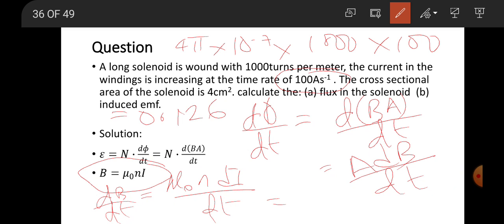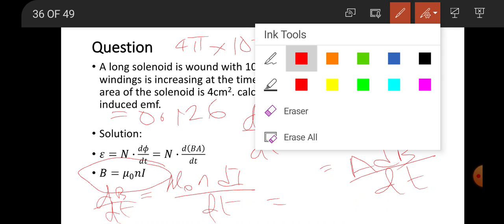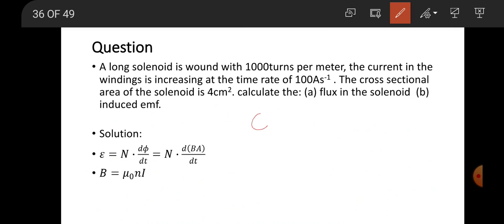So it's now easy to find the magnetic flux. So now let's go. So I can erase this. Now my magnetic flux, here we can say the rate of change of magnetic flux, because that is what we can do. The rate of change of flux, like we have seen here, is equal to A dB all over dt. So let's do that quickly.